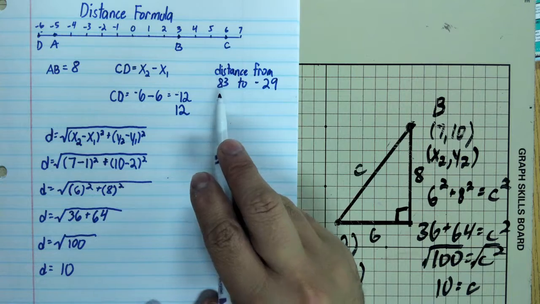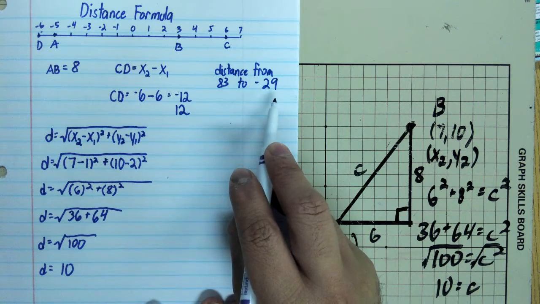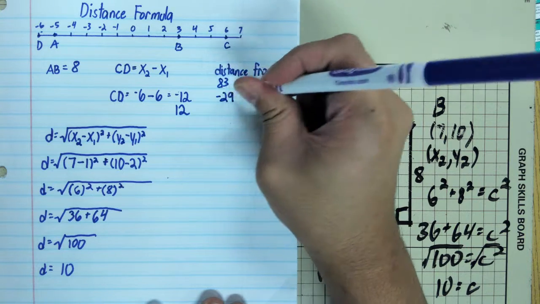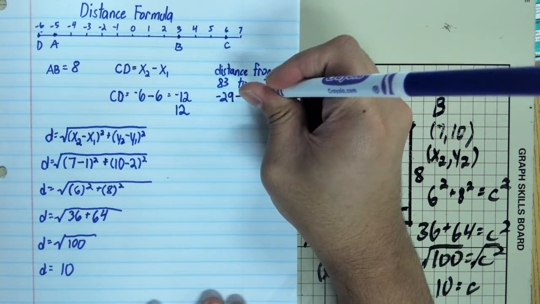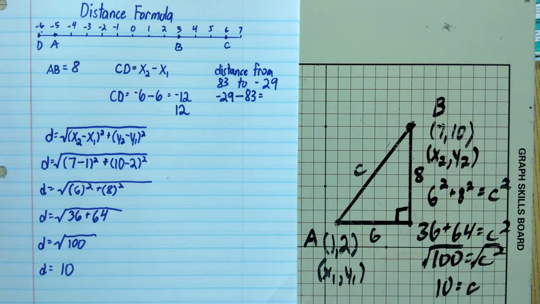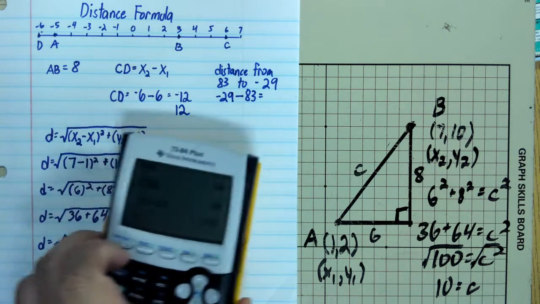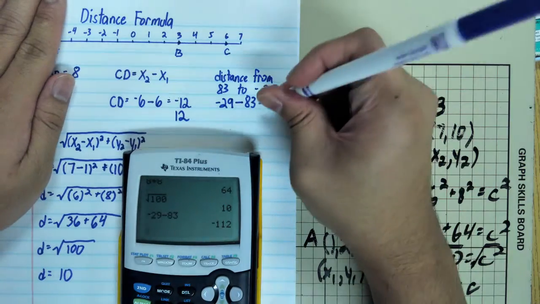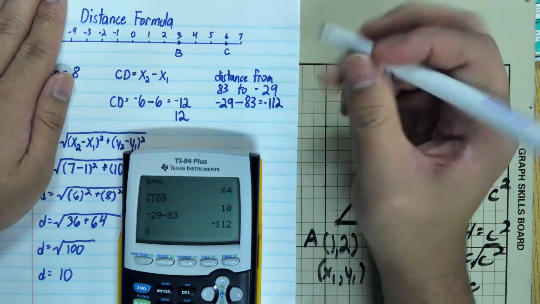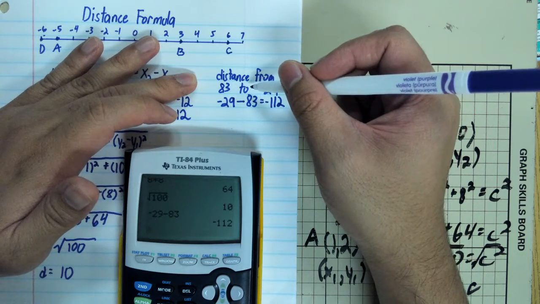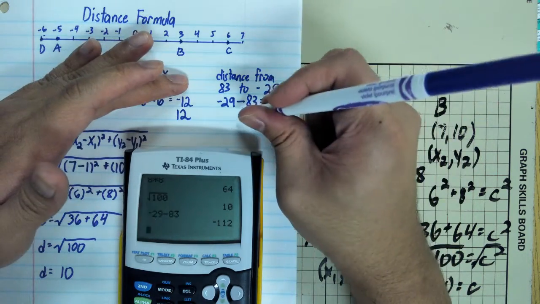So I'm starting at 83, I'm ending at negative 29. So what I want to do is take my ending number, negative 29, minus my starting number, 83, and negative 29 minus 83 gives me negative 112. Because I'm talking about the distance, I don't say I drive negative 112 miles, I just drive 112 miles.